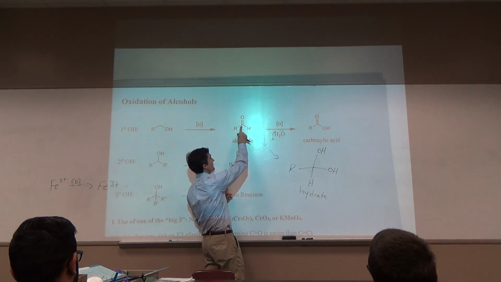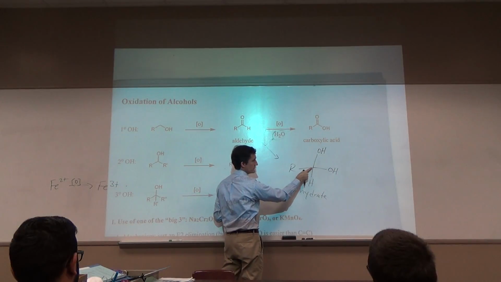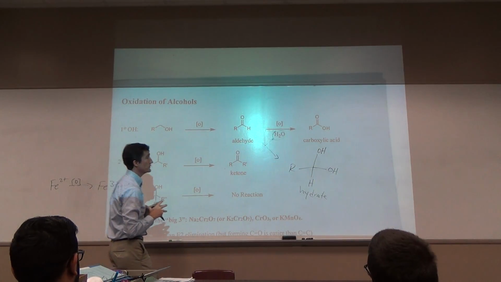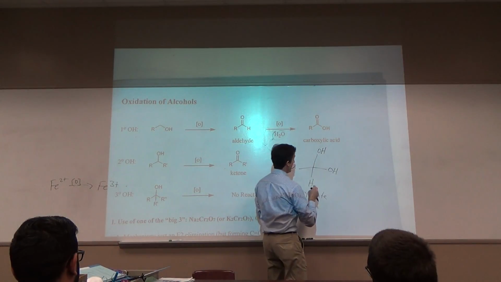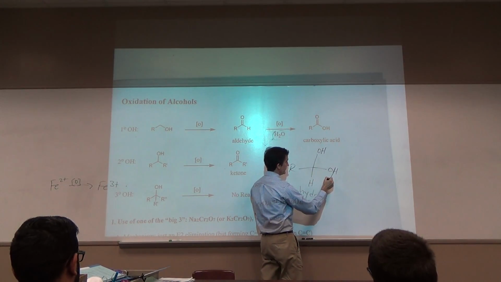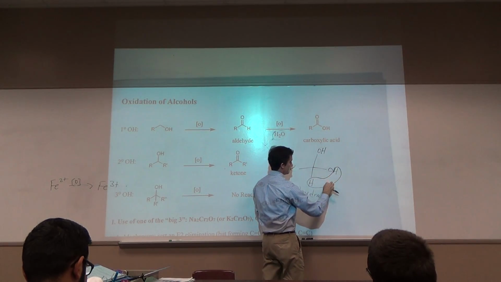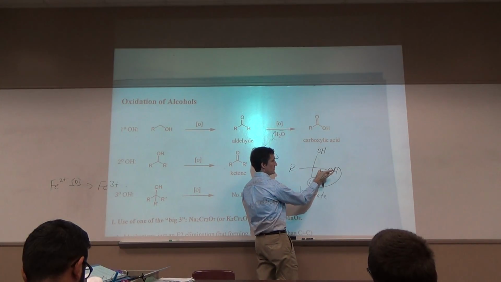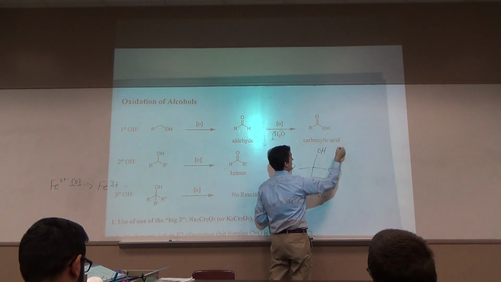Look at this. How many bonds does this carbon have to a more electronegative atom? How about that one? 2. See, there's no change. Okay? That was not redox. But now, what if we remove these two H's here and put a double bond in between the C and the O? What do we get? Well, we get that.